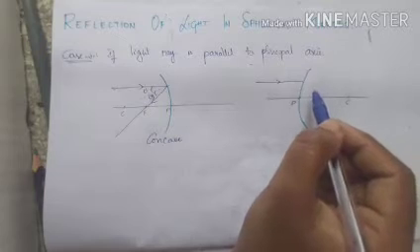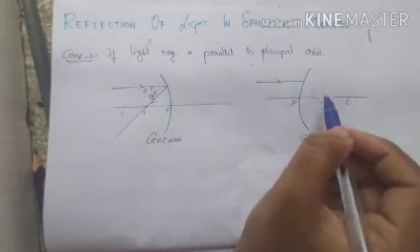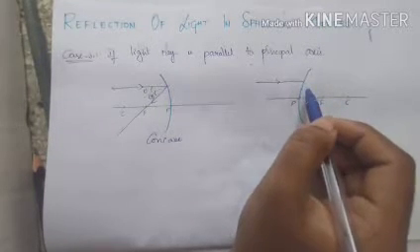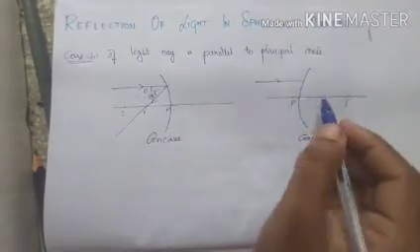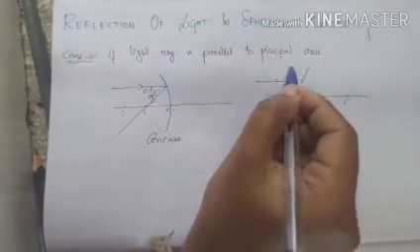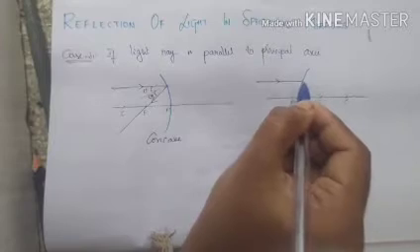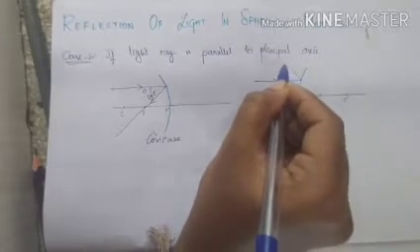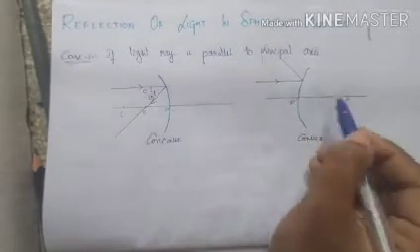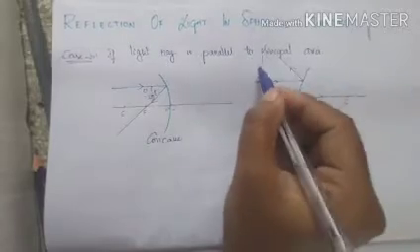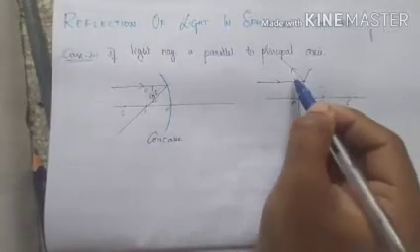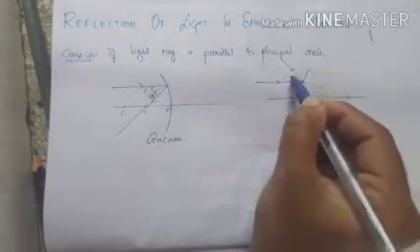You have to draw the imaginary extension, and this light ray will be reflected as if directed away from the focus. So this is my focus, and the light gets reflected as such. If you draw the normal over here, angle I is equal to angle R.